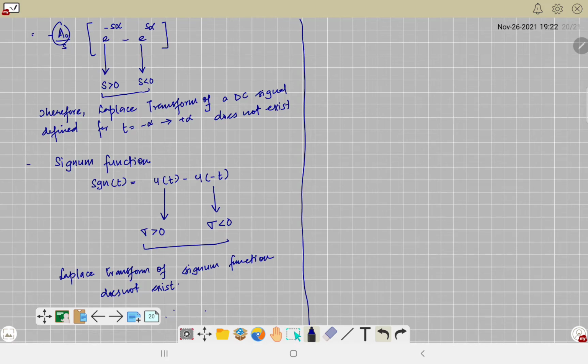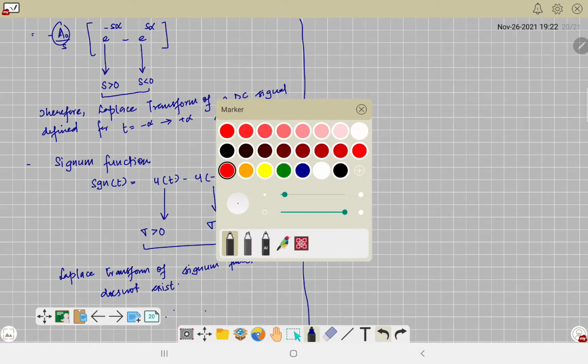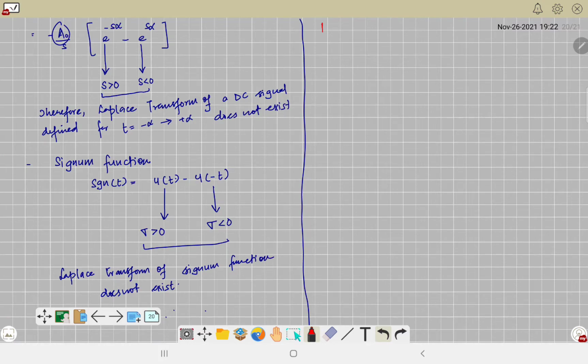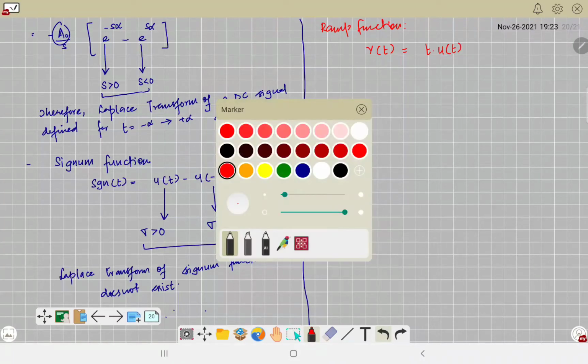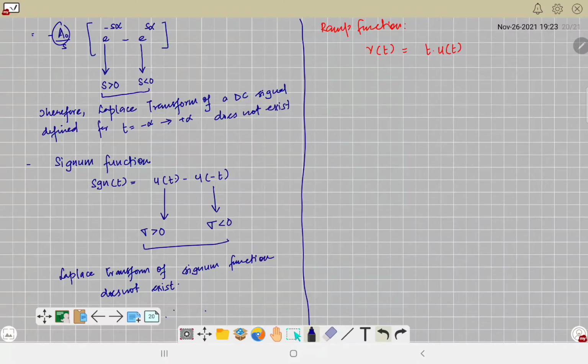Okay. So next, we will try to find the Laplace transform of a ramp function. The ramp function is defined as r of t equal to t u of t. So let's try to find out. Let's denote the Laplace transform by R of s.